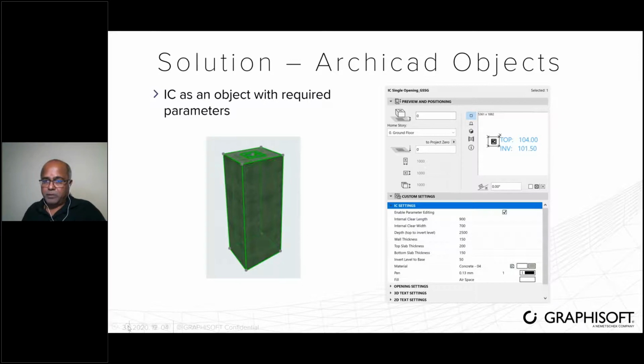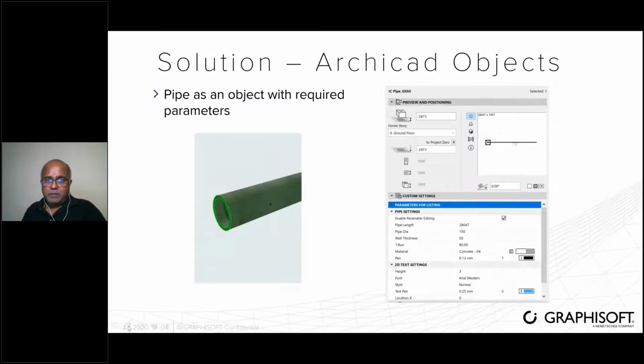Like you can see here, top level and invert level are marked, right? This object is created by our team. With this object, we can actually control it with Grasshopper. So it's very similar to what Jorge has shown in the first slide, but we are doing it in MEP, right? Additionally, the MEP elements, the pipes that come with ArchiCAD, don't work with Grasshopper.